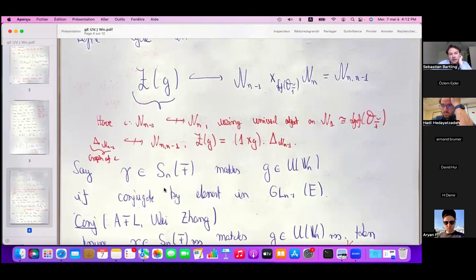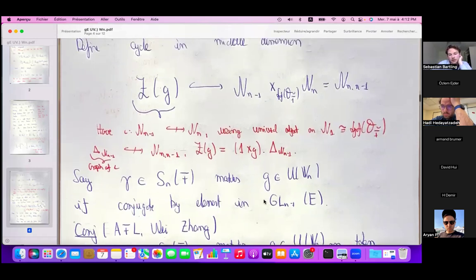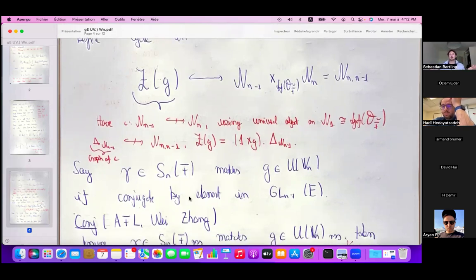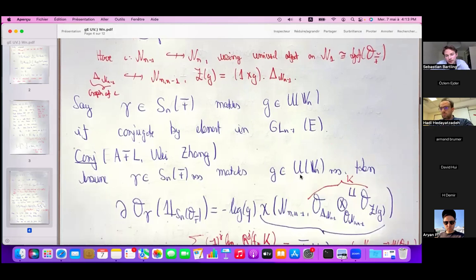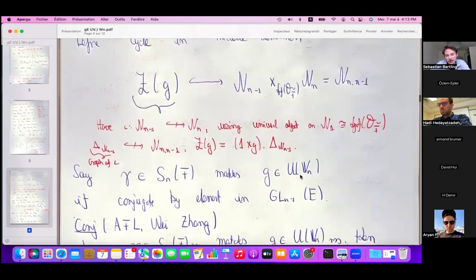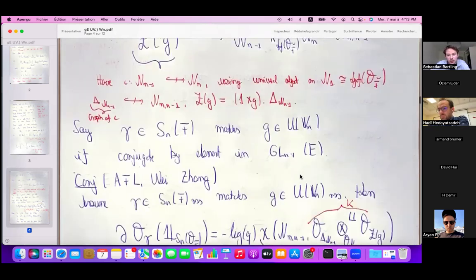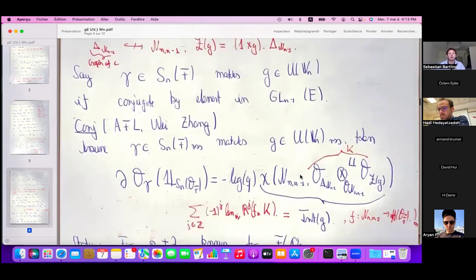So we say an element in the symmetric space matches an element in the unitary group if both lie in GLNE, and I can require that they are conjugate by an element in GLN minus 1E. So that's what we mean by two elements in the symmetric space and in the unitary group matching.